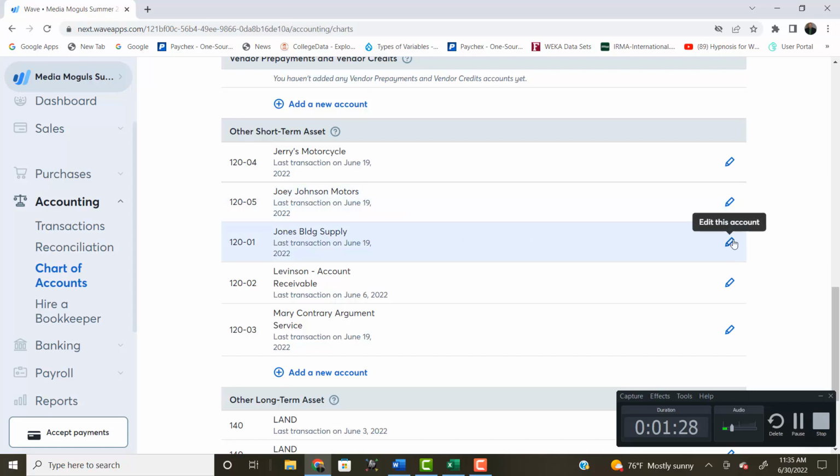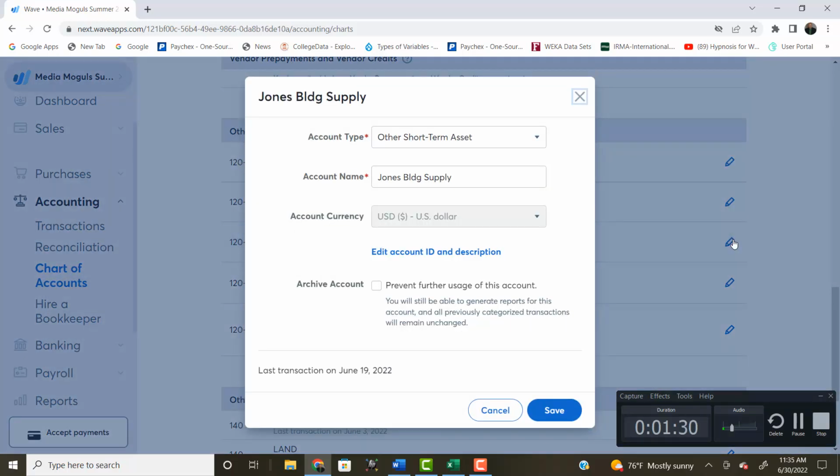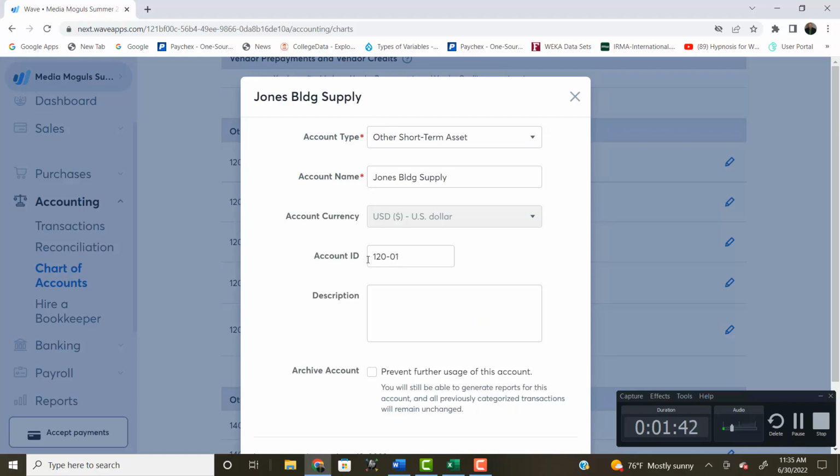If I'm going to edit this account for Jones, you're going to find the account type, other short-term asset, account name, Jones Building Supply. And the account ID that I've assigned it is 120-01, because it's the first one on my list.